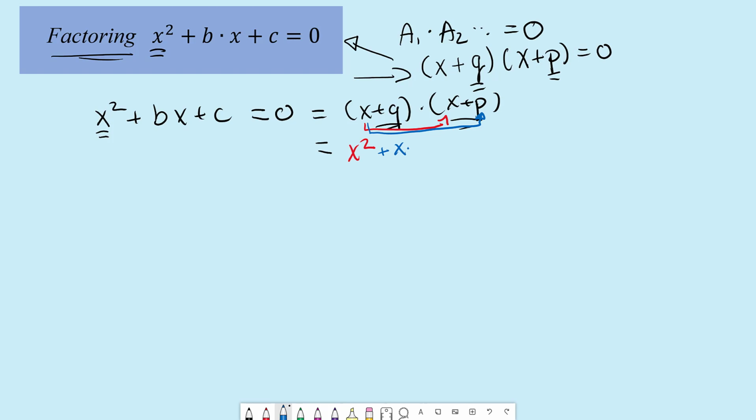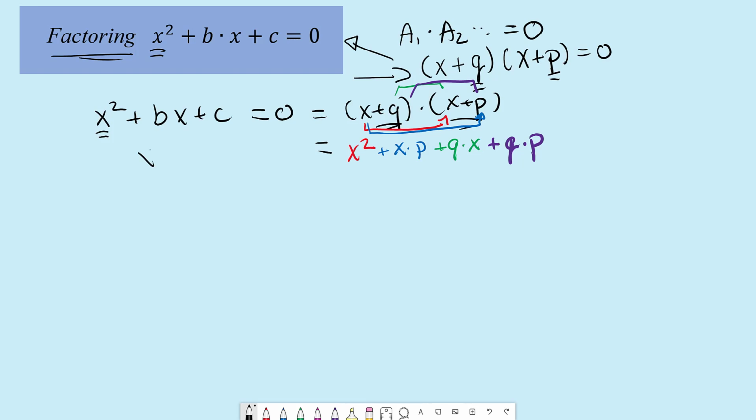So we have plus x times p. Then our third term, which I'll show in green, will be q times x. And our final fourth term, which comes from q times p, is just q times p. Okay, so we have 4 terms because we've multiplied a two-term parentheses by another two-term parentheses.